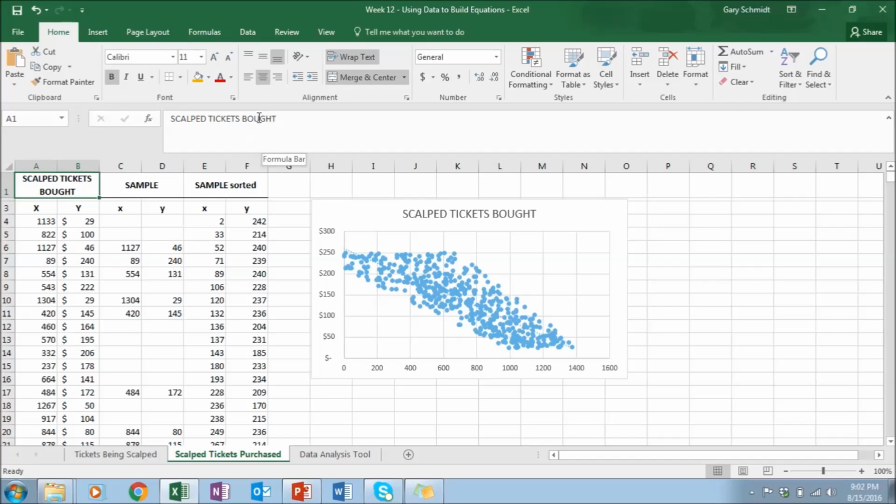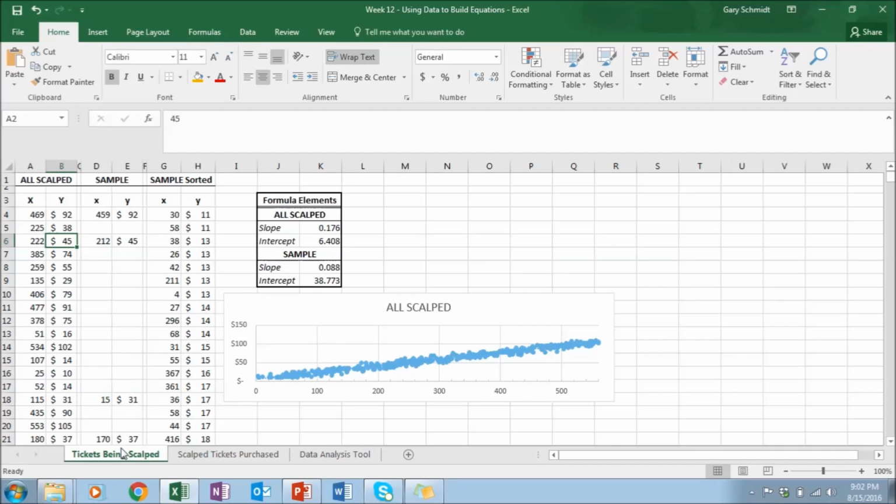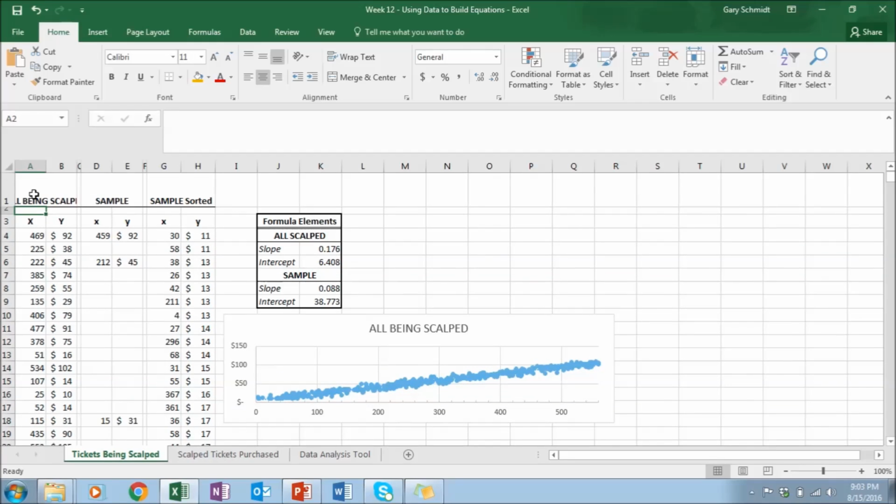So I'm going to change this to scalp tickets being sold. And I'm going to go back here, and this is more accurately all being scalped. In other words, they aren't sold yet, so we can't really say they've been scalped.